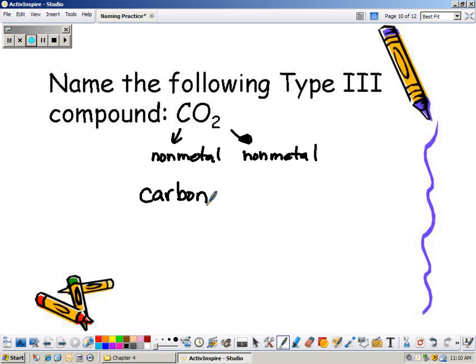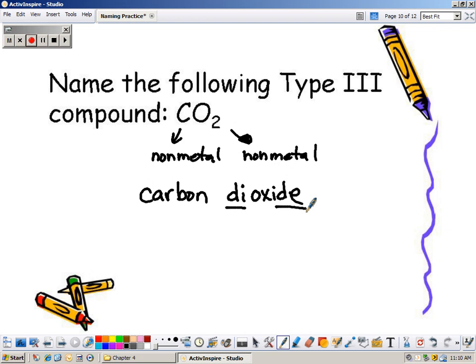Okay, for the second nonmetal, we have oxygen. We have two oxygens. So you have to use a prefix to indicate that there's two of them. So di means two. And then you still have to change the ending on oxygen, add a suffix. So oxygen becomes oxide. Okay, carbon dioxide. So for that second nonmetal, you always add a prefix and you always change the ending. Okay, for the first nonmetal, sometimes you add a prefix.